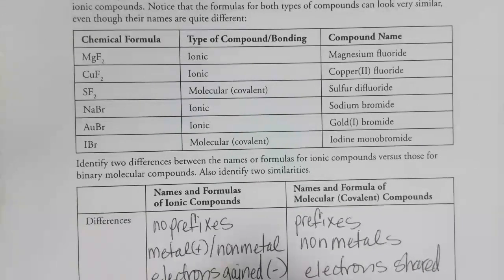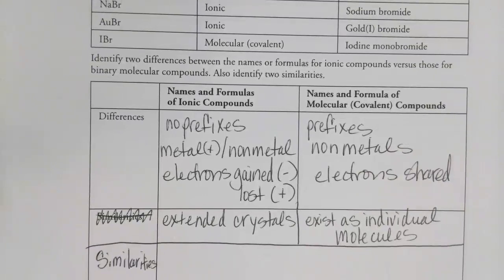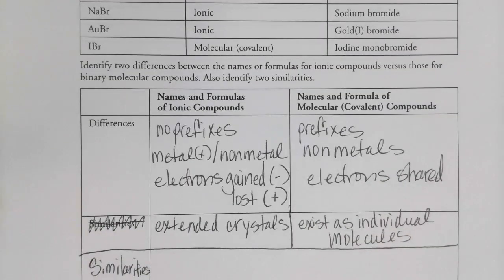Okay. And so back to my analogy, ionic compounds are chocolate bars and covalent compounds are Skittles.